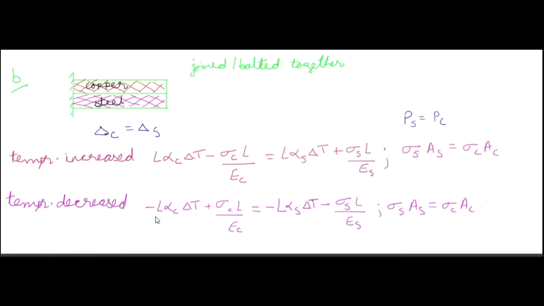Minus L alpha C delta T plus sigma C L by EC is equal to minus L alpha S delta T minus sigma S L by ES, and PS is equal to PC because no other external forces are acting. So whatever force is happening in both will be equal and opposite.